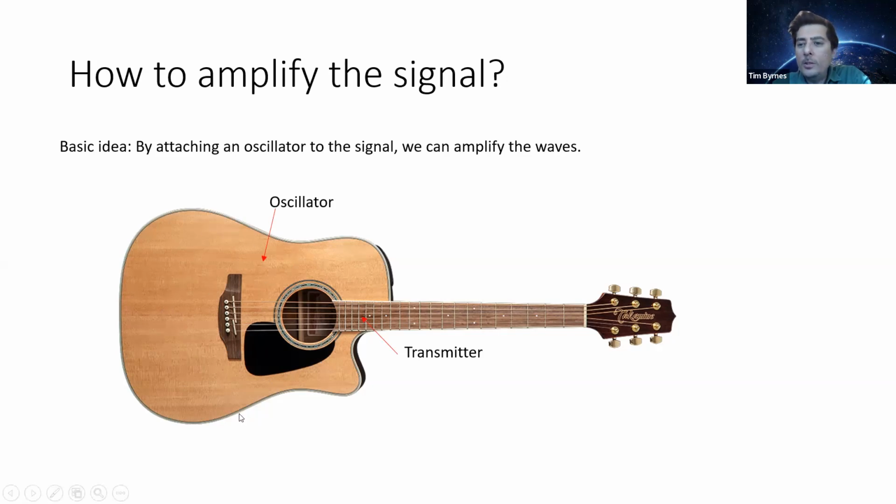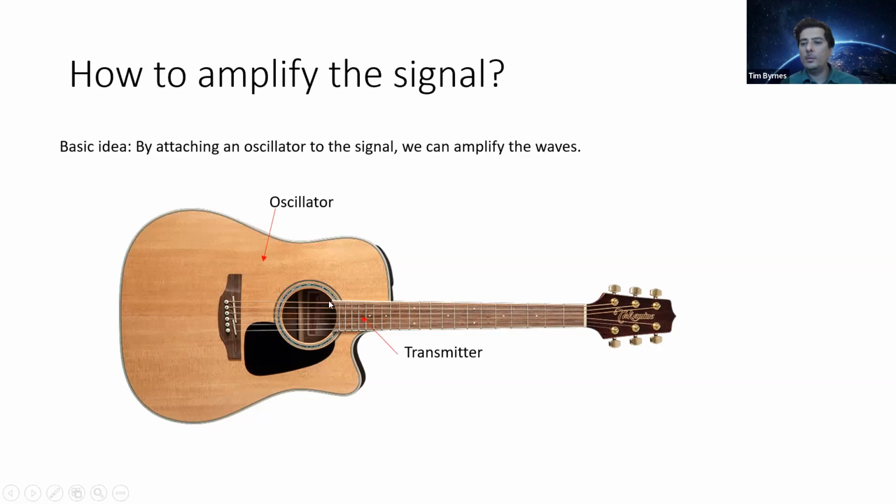The role of the body of the guitar is to act as an oscillator. And basically this just amplifies the waves, because you have the source of the sound here, and you have the body of this guitar, and by the strings vibrating, it makes all the air inside the guitar body also oscillate at that same frequency.